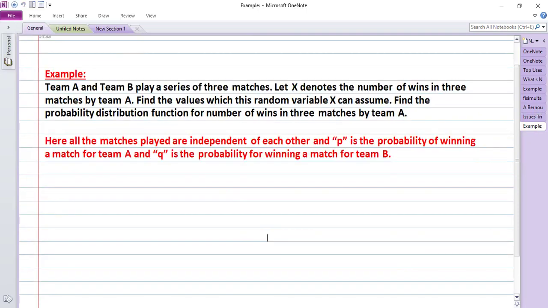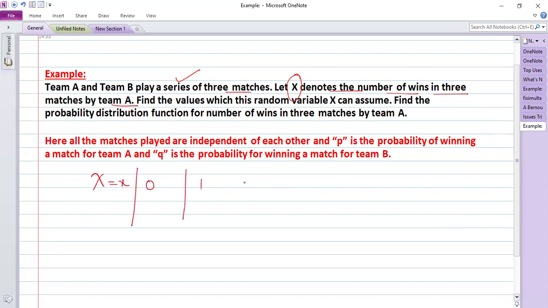Here there are two teams, Team A and Team B. They are playing a series of three matches. And what is X here? It denotes the number of wins in three matches by Team A. So what values can this X have?